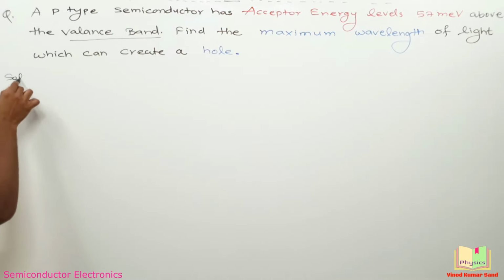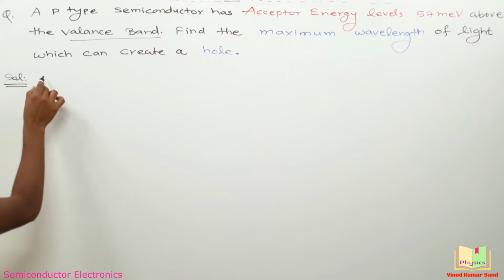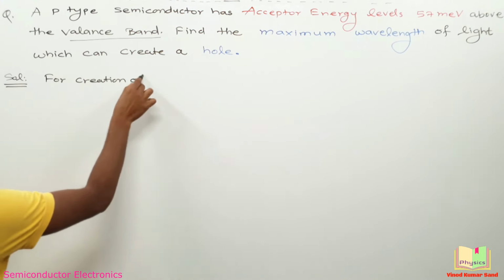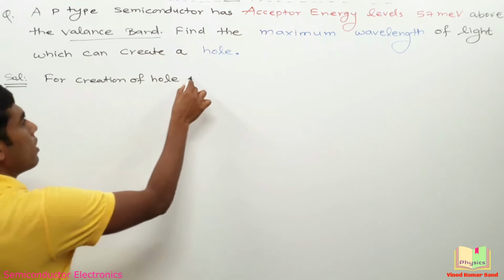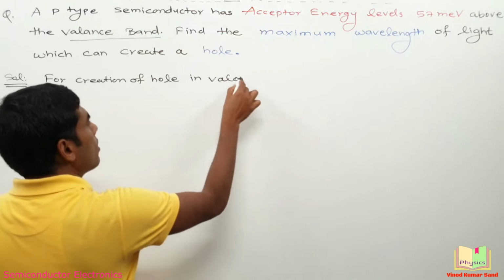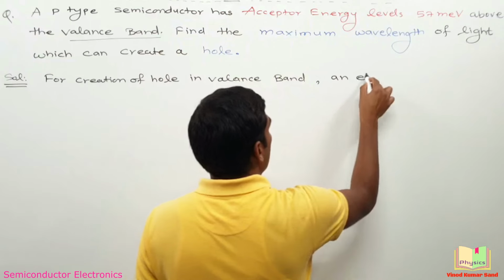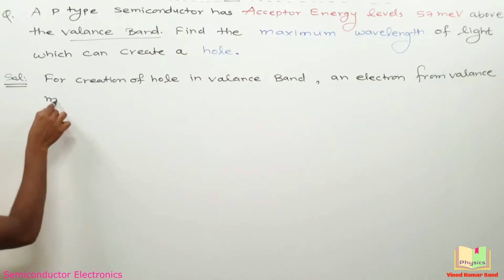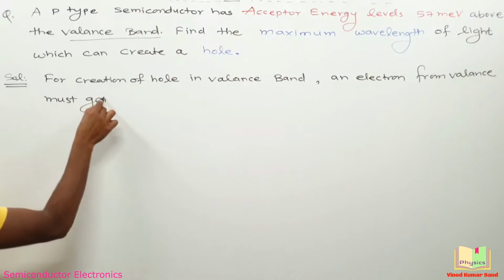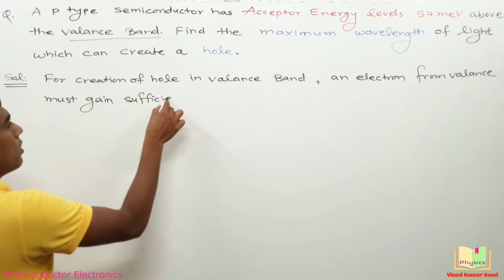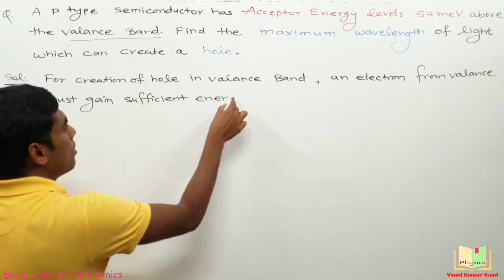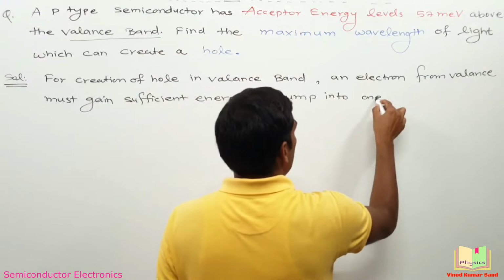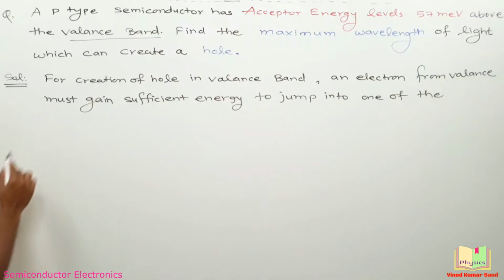Let us start the solution. For creation of hole in valence band, an electron from valence band must gain sufficient energy to jump into one of the acceptor energy levels.